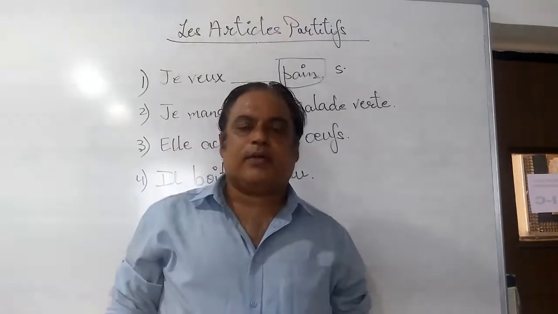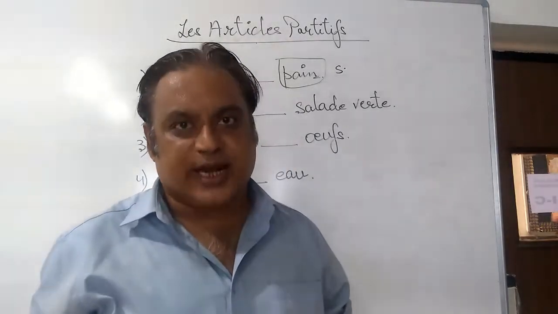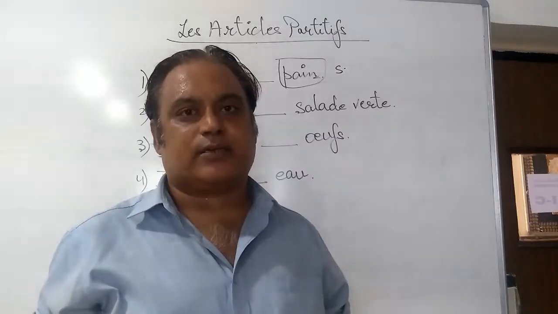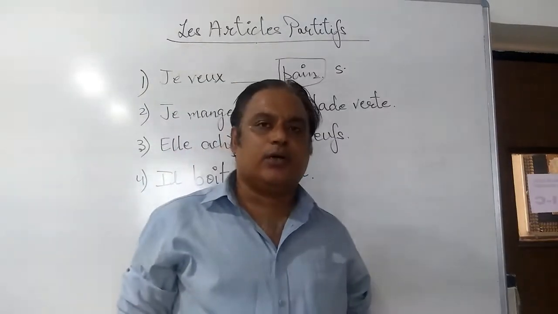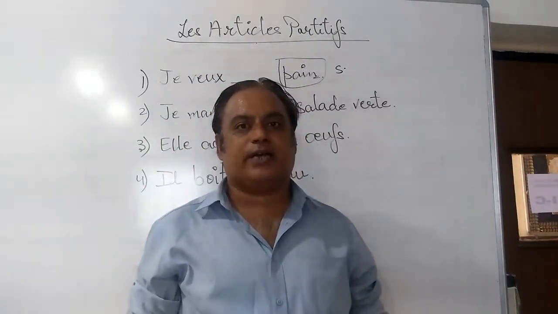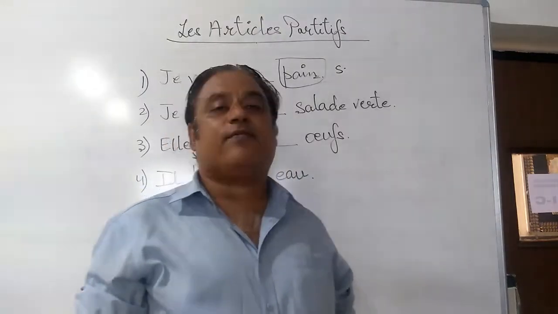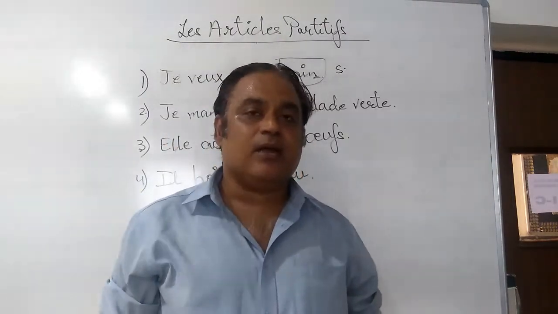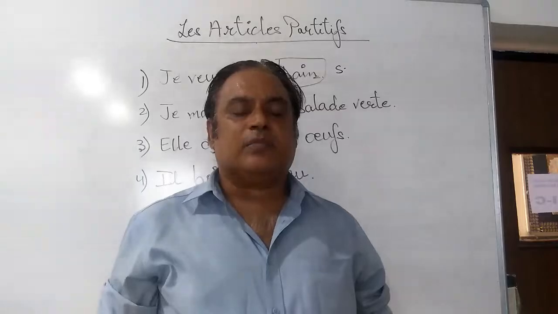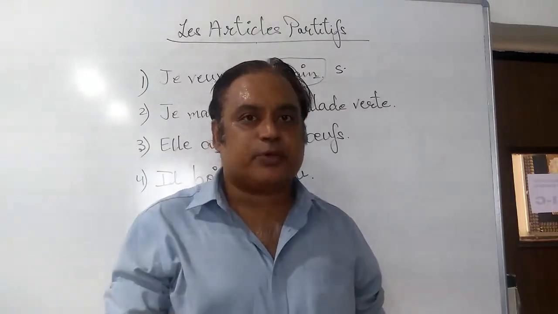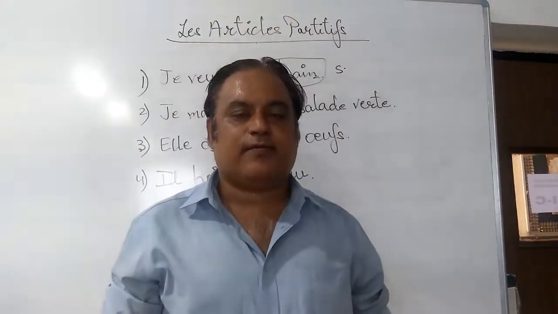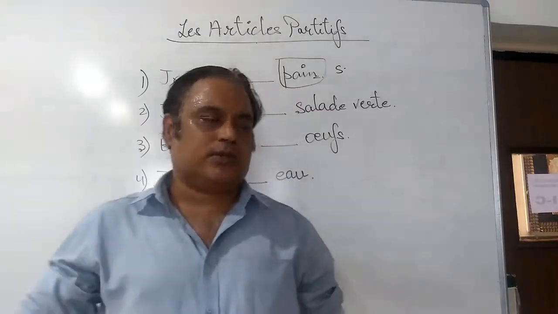The next step is to find out the gender of the object. Again, as I told you earlier, those words in French which end in E are considered to be feminine. That too generally, exceptions are always there. French is a language of exceptions.